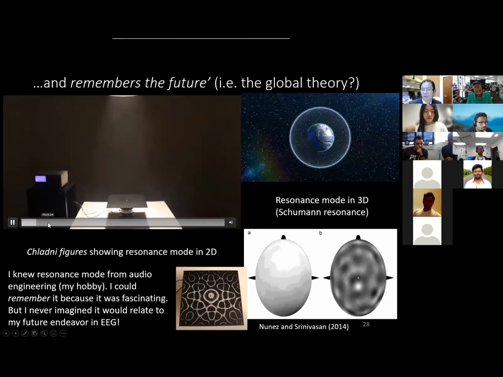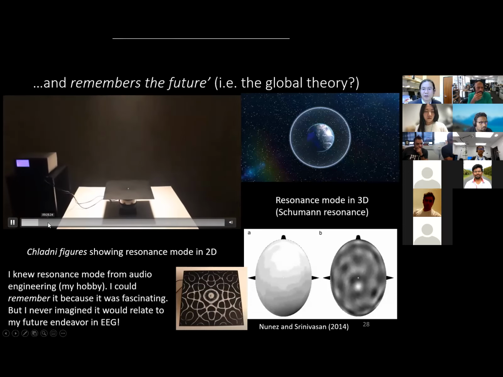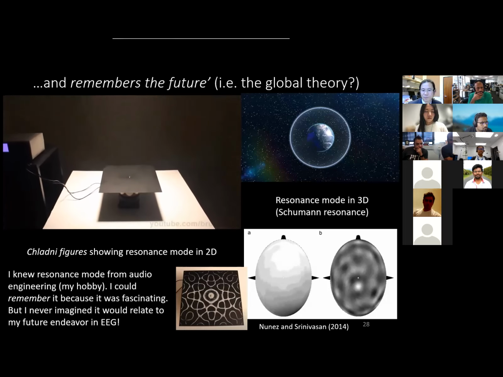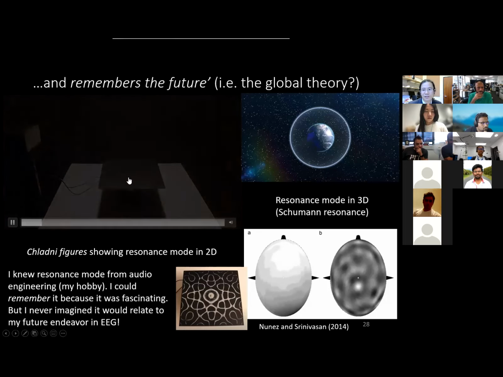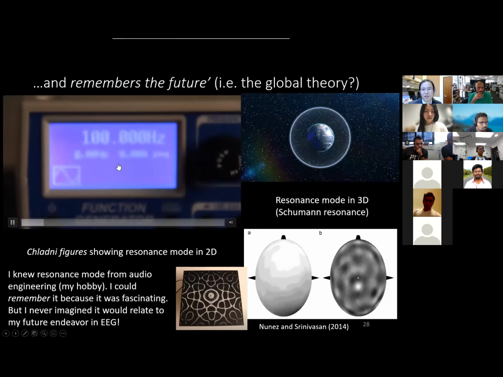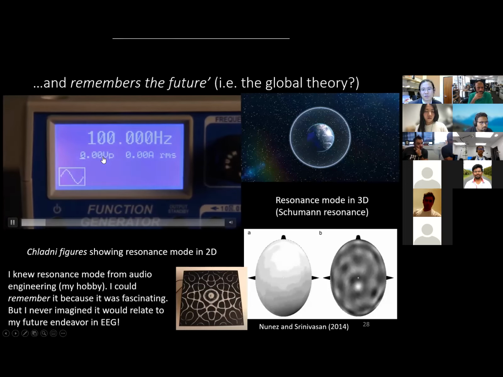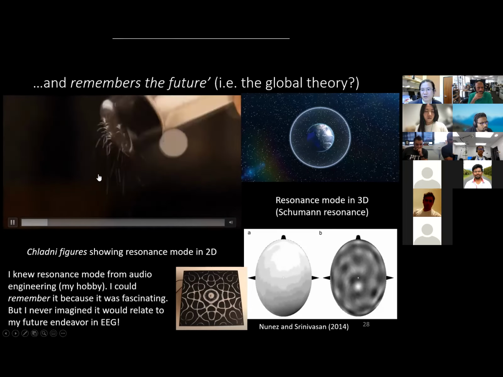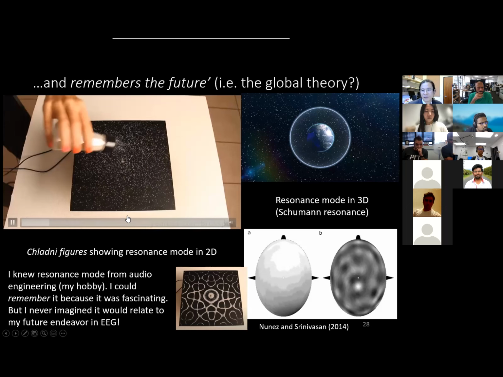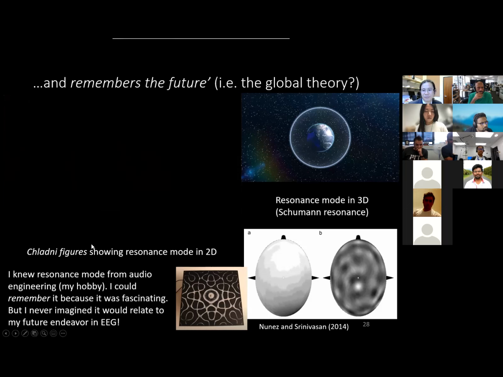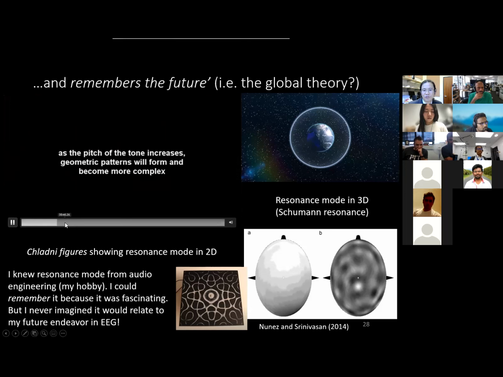So this is one of the famous experiments in physics. This is just a plate combined with an oscillator. Now you enter the oscillation frequency, and you use this tone generator, which produces simple sinusoidal waves.